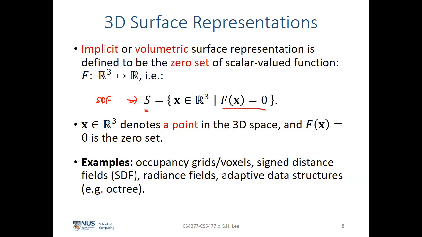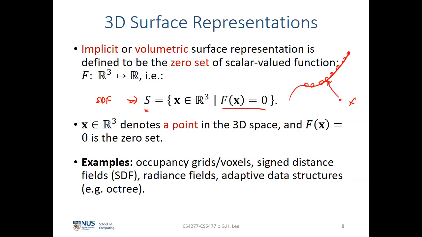You have a function which takes in the sampled point, and that function outputs the distance value at that point. Sight distance view simply means that you have a surface, and for a point X, it tells you the closest distance to the surface. Once you have 0, the 0 level set, you know that is the surface itself.